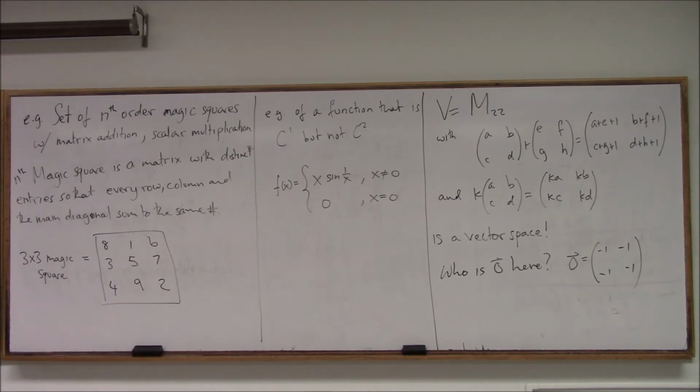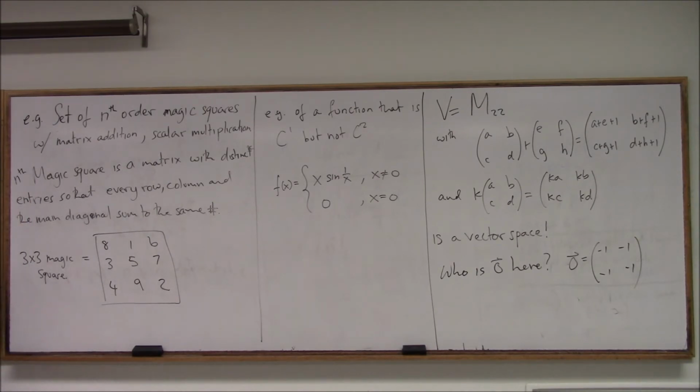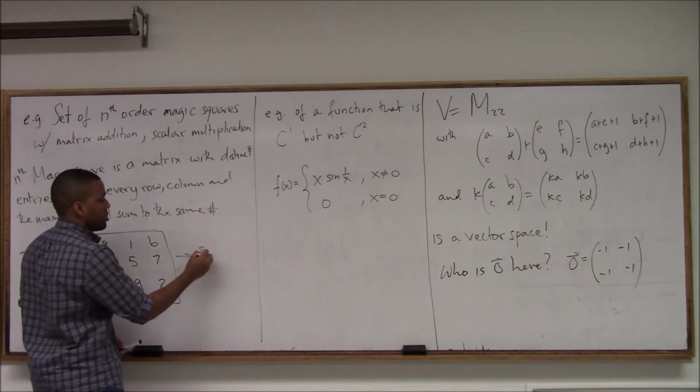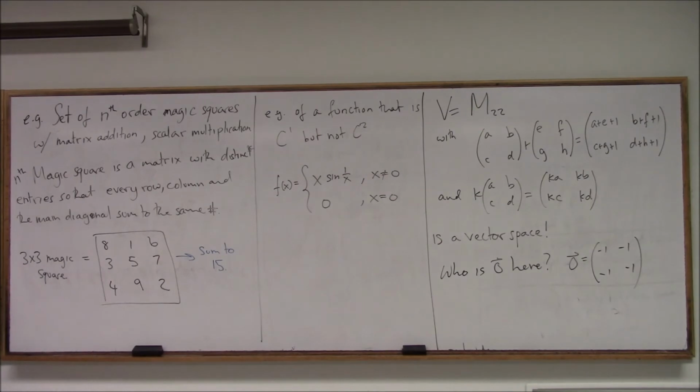You have to fill in all the numbers. But you add the constraint that if you add any row or any column or the main diagonal, you need to get the same number. You'll notice that all of these sum to 15. Turns out there's only one 3 by 3 magic square, because every other magic square of this size is just going to be a rotation of this one.